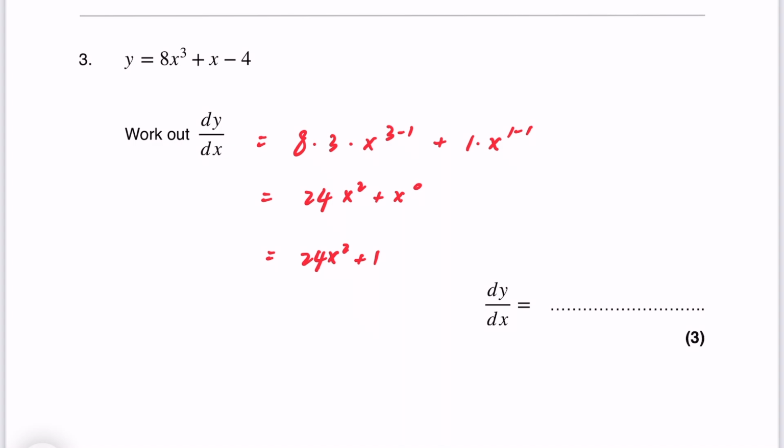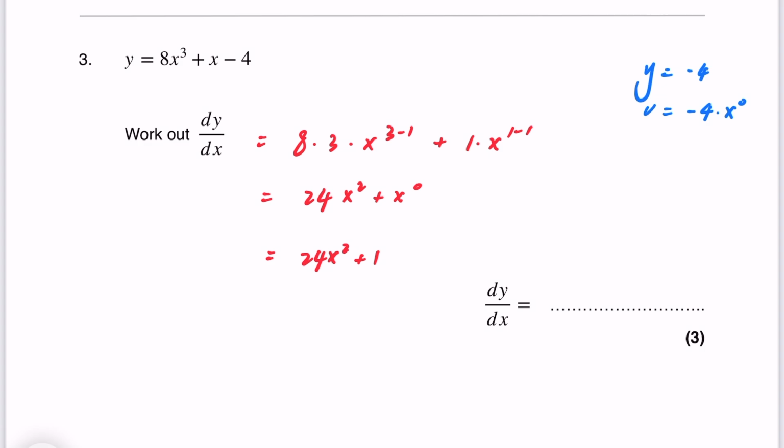I'll put it there. So let's assume that y equal to minus 4. What exactly is minus 4 in terms of x? Can I rewrite it into y equal to minus 4 times x to the power of 0? I think we can do that because x to the power of 0 equal to 1.